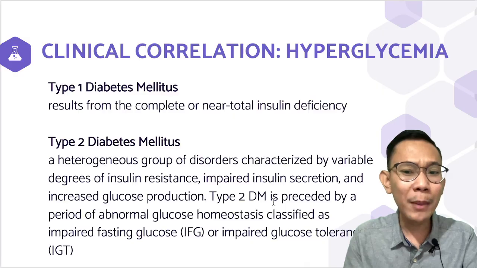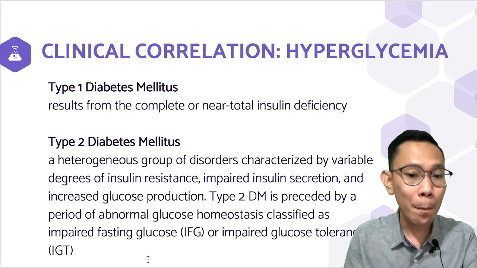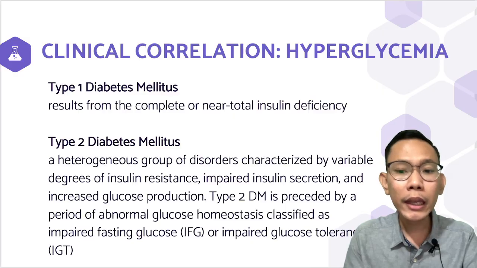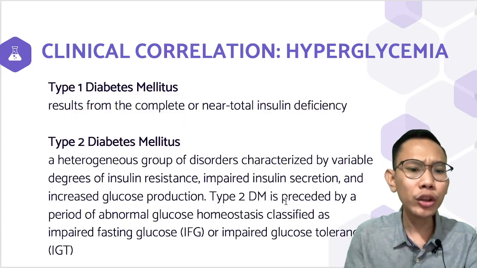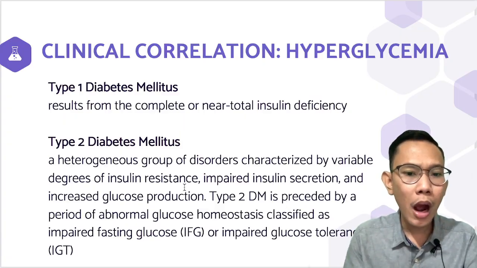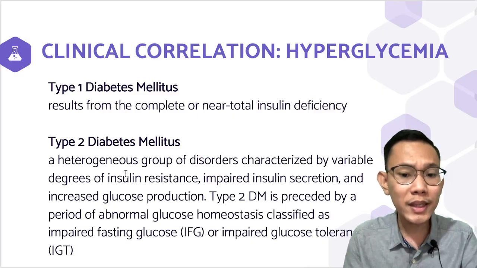Your type 2 DM is preceded by a period of abnormal glucose homeostasis classified as your impaired fasting glucose or impaired glucose tolerance. Always be reminded that your type 1 and type 2 DM are preceded by a phase of abnormal glucose homeostasis as the pathologic process progresses.